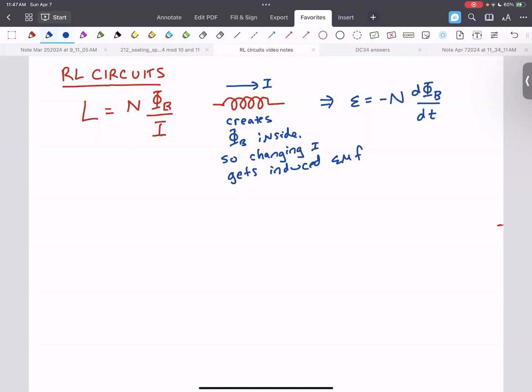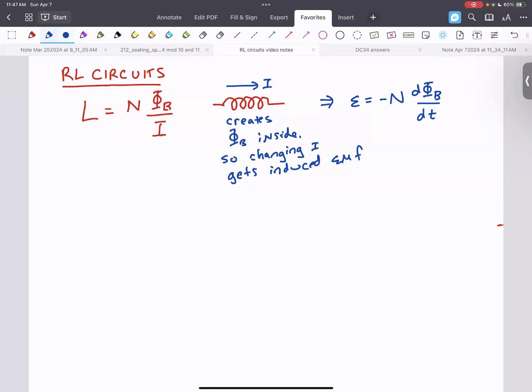And the inductance is a property of a circuit element that tells you how much magnetic flux is created given some amount of current, because the larger that magnetic flux, the larger that induced EMF will be, and therefore the bigger impact it has on your circuit.